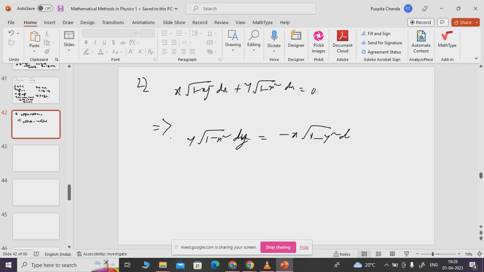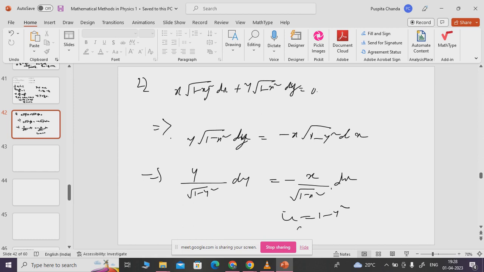So y root over 1 minus x square dy is equal to minus x root over 1 minus y square dx. So y by root over 1 minus y square dy is equal to minus x by root over 1 minus x square dx.